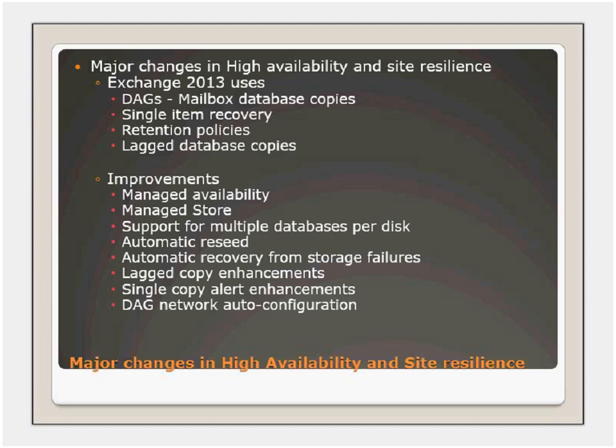And the other thing is the lagged copy enhancement. What is a lagged copy? When you do a DAG, the data is copied across. It first copies the log files, and then it replays the log files to the database.